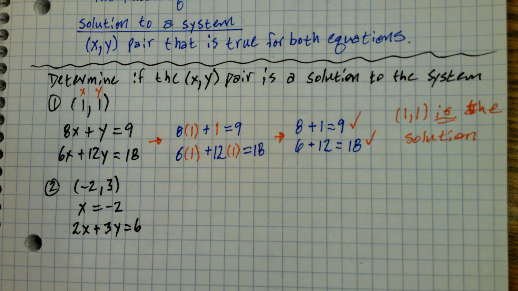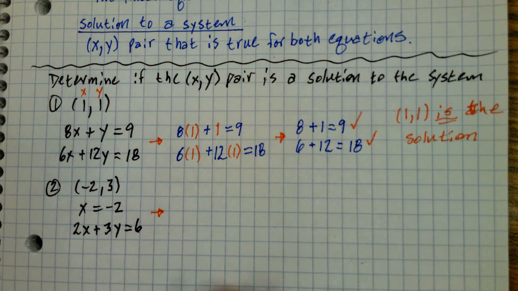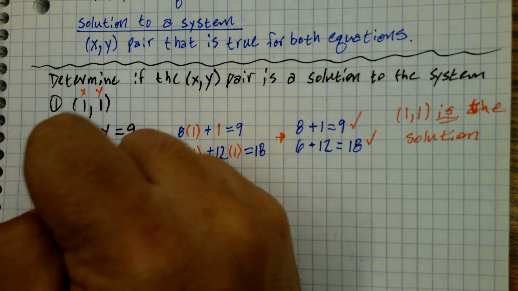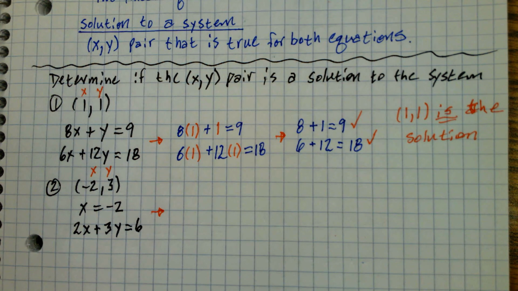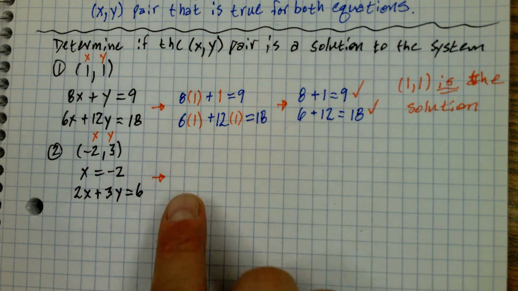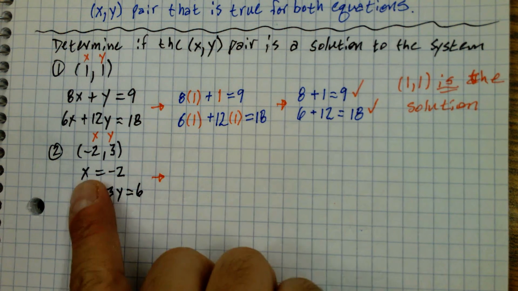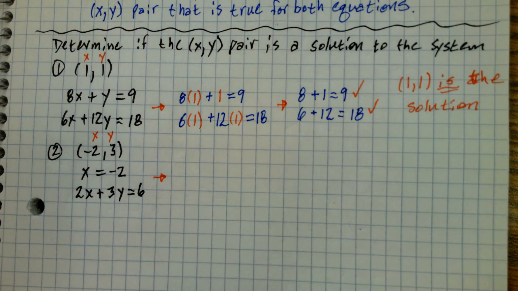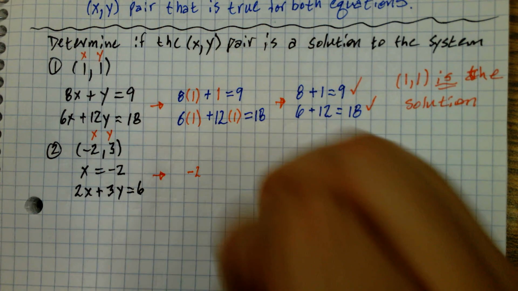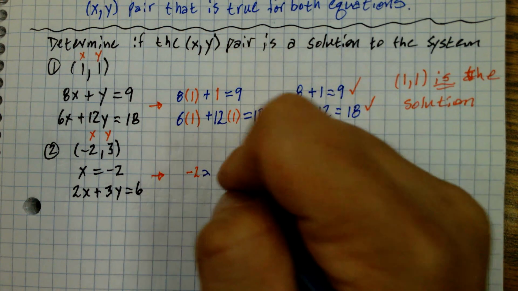Okay? So let's start checking to see if this is a solution. This is the check. X is -2. Y is 3. So now we're going to replace x and y with -2 and 3. Let's do this. So we're going to have x, but instead of x, I have -2. And that's going to equal -2.